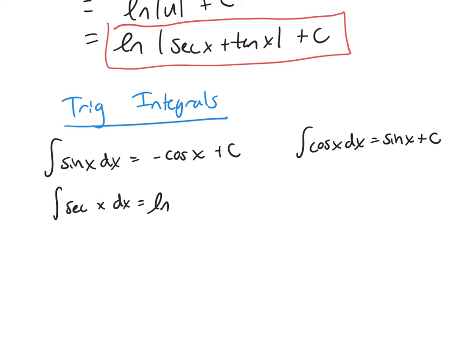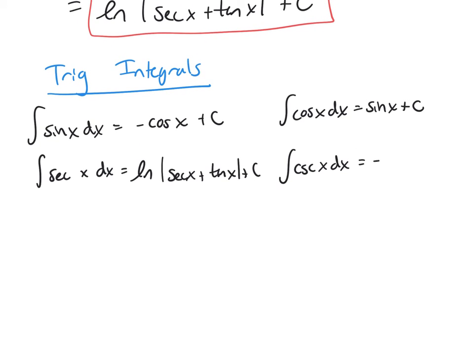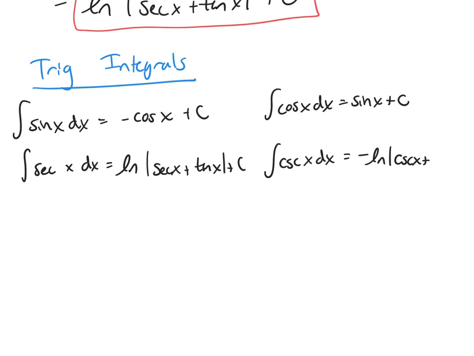It was ln of secant plus tangent. You can also find the integral of cosecant in a similar way to the way you found secant. So it'll be minus ln cosecant plus cotangent plus c.